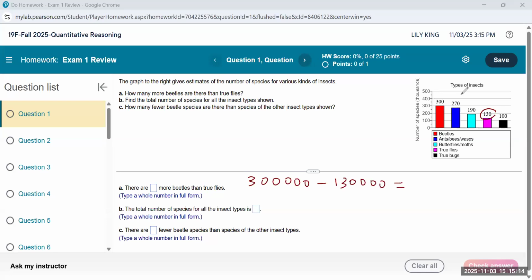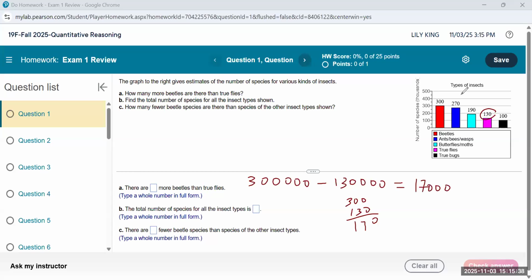So when you take the difference between these two numbers, you end up with 170,000.